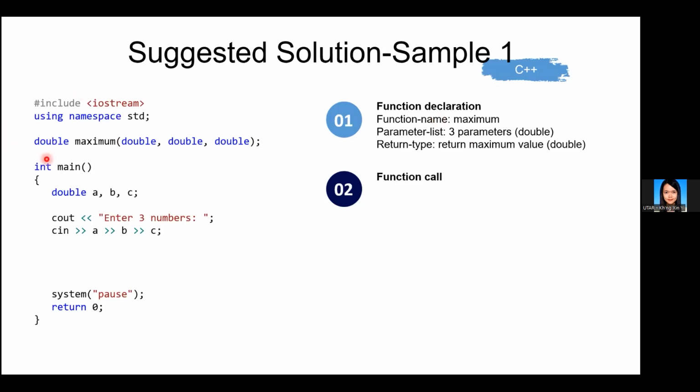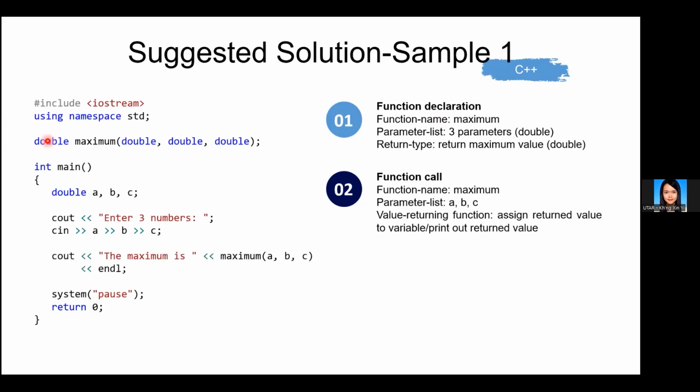So for this case, this is a value returning function, double, which means that the function is going to return something to us. So we can just try to use this cout statement to print out the return value directly. Of course, you can store the return value in a result variable that we have seen earlier. It's fine. Okay. And then what is the function call? Remember, we have to include the function name maximum, and then we have to include the parameters passed to the function. It should be A, B, C.